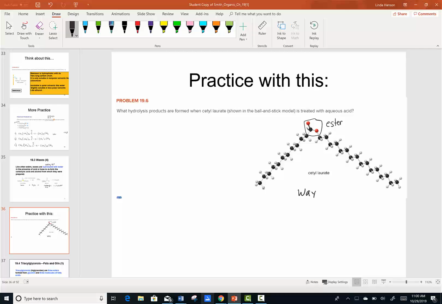So there are 12 carbons originally from the carboxylic acid. So we could write CH3, parentheses, CH2 taken 10 times. And finally, we have the COOH, the carboxylic acid that is 12 carbons long.